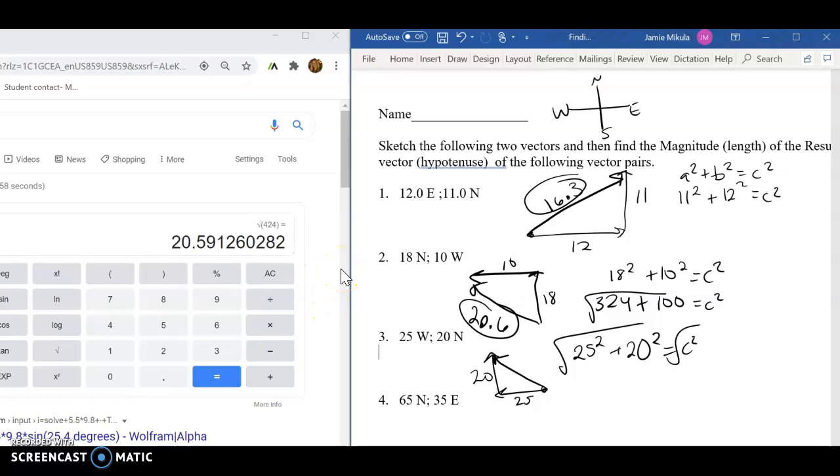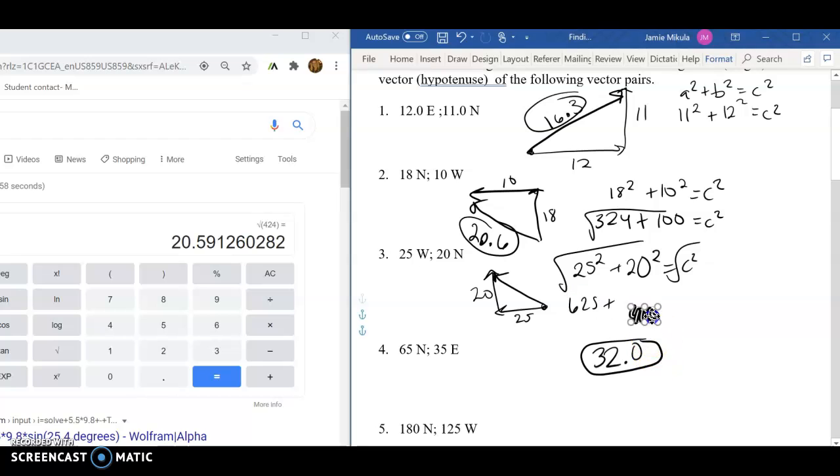So 25 squared is 625. 20 squared is 400. When you add those together and then take the square root, you get 32.0. That was number 3.